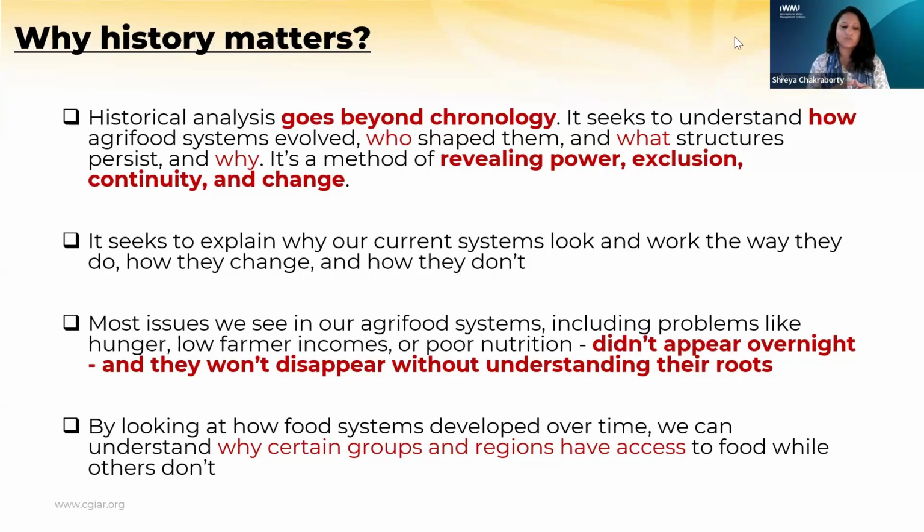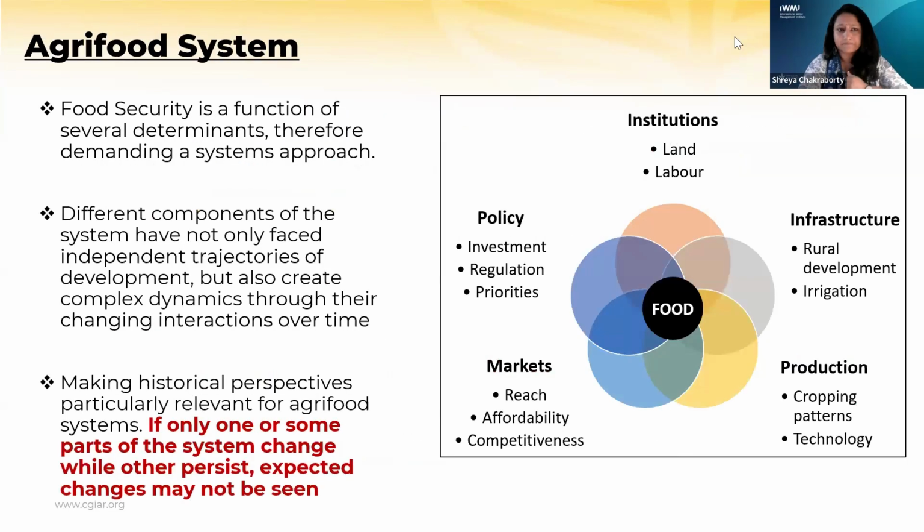It's not about the same system working for everybody, but a particular system benefiting some people and going against others. So it helps you understand why certain groups and regions have food and nutrition security, whereas others don't. Some of these questions can be critically assessed historically.